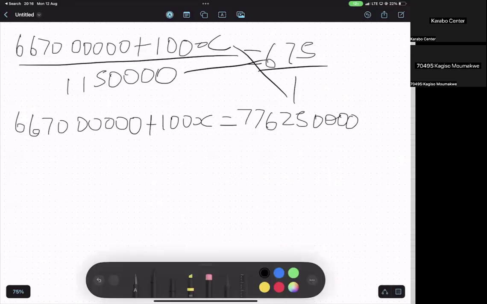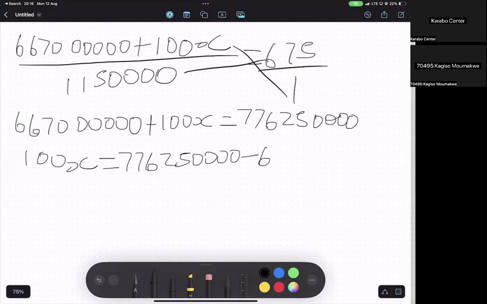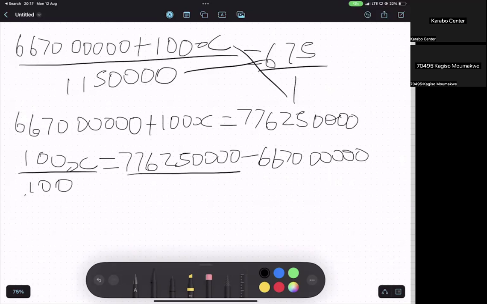Now you do your math, you solve for X. You transpose, and you say all of this divided by 100, and all of this divided by 100.